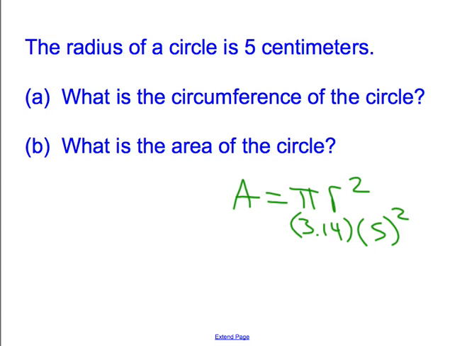We square the 5, that makes us 3.14 times 25. And then we use a calculator for that. 3.14 times 25 is 78.5. And we're measuring that in centimeters, and it's area, so we square that.